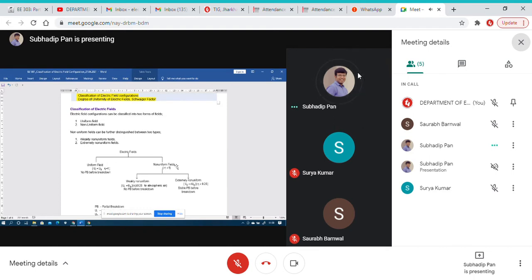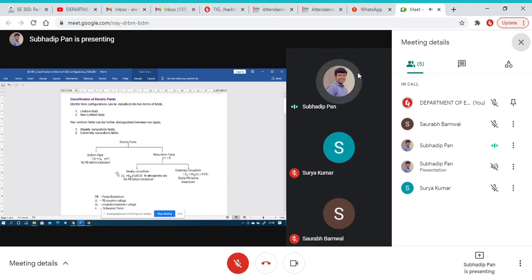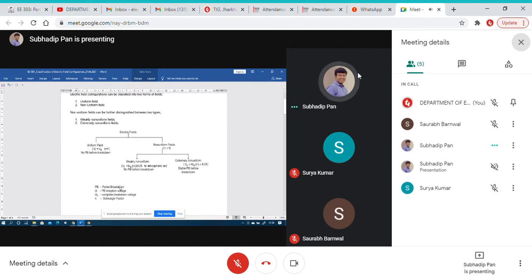In this particular case, Ui is actually the partial breakdown inception voltage. Ub is the complete breakdown voltage. When some voltage causes a complete breakdown, it is defined by Ub.